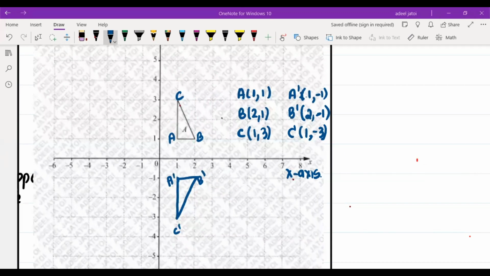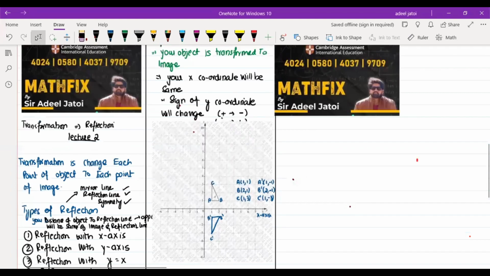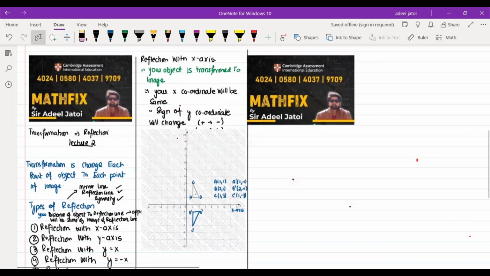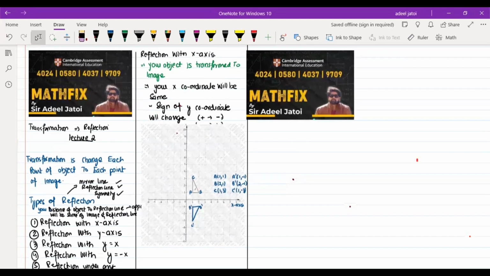So this is reflection with respect to the x-axis, which says that your x coordinate will be the same, but the sign of the y coordinate will change. If it is plus, it will go to minus. If it is minus, it will go to plus.